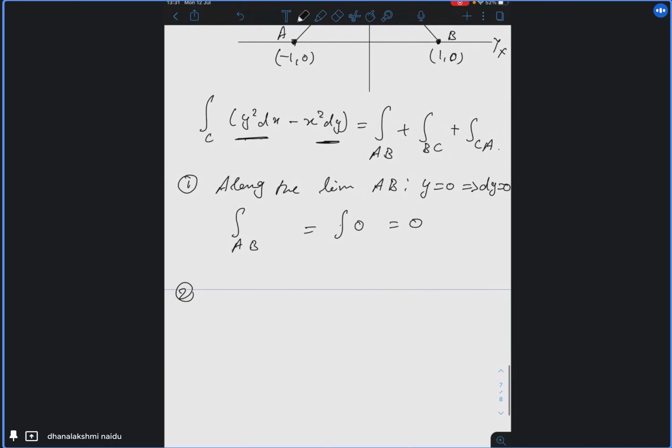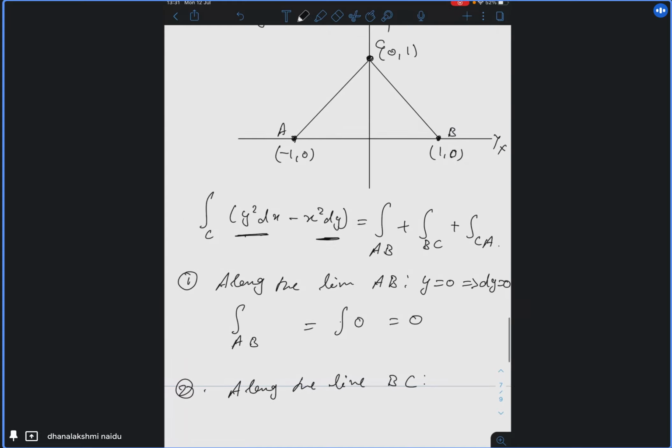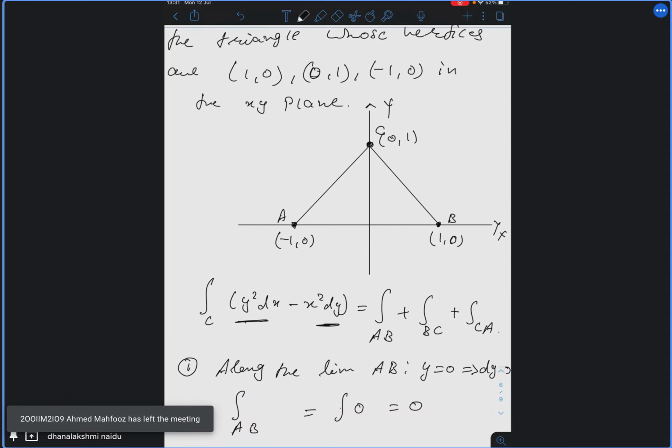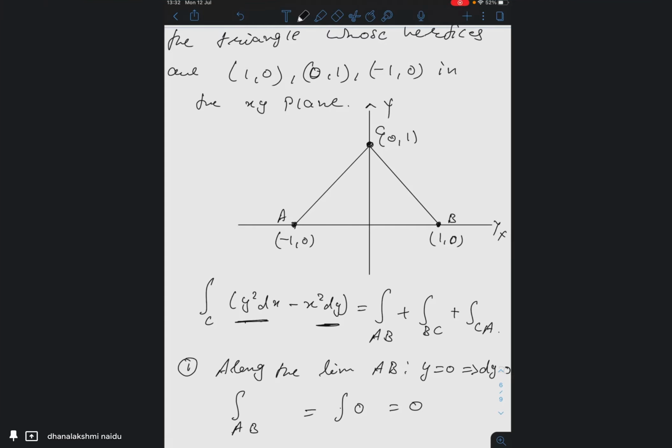Now let us go to the second one, along the line BC. Along the line BC, see here y and x both are changing now. There is no constant, so along this line we have to integrate. What is the equation of this line? Tell me. X plus y equal to 1.